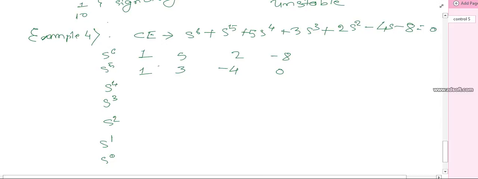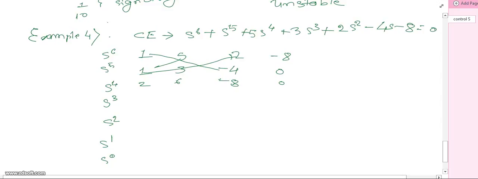Then 5 minus 3 by 1, that is you get 2. 1 into 2 minus 4, divided by 1, that is minus 4, you get 6. Then this is minus 8, this is 0.